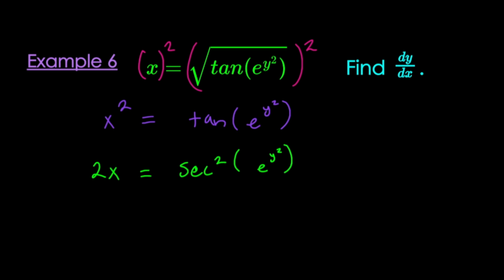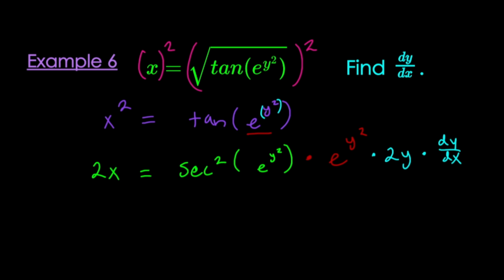But we have to use chain rule and remember to take the derivative of the piece that was nested inside the tangent function. So the derivative of e to the y squared is still e to the y squared, but we have to remember to take the derivative of the even more inside nested function, y squared. The derivative of y squared is 2y times the derivative of y itself, dy dx.